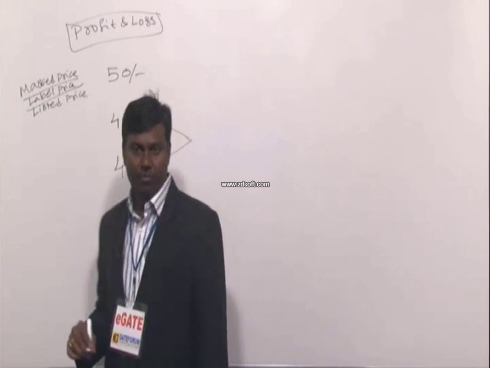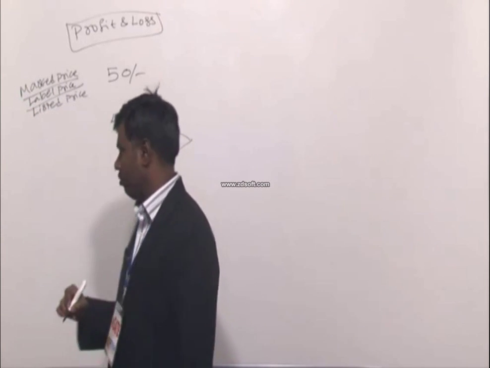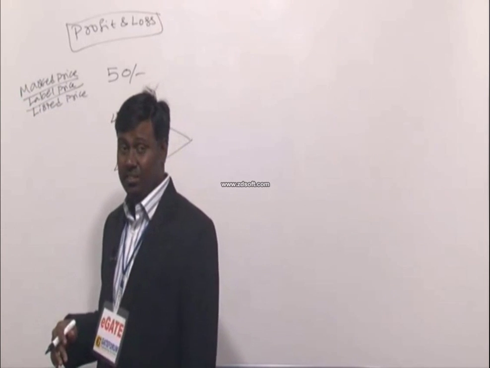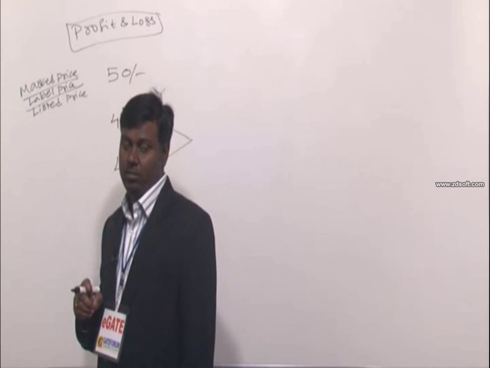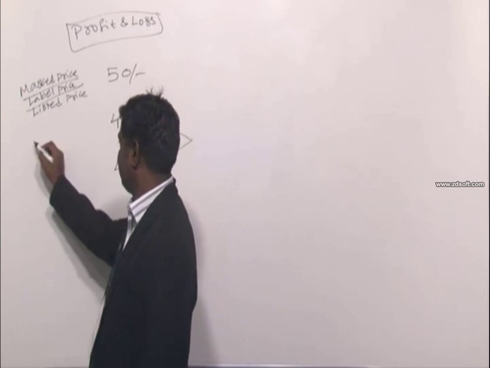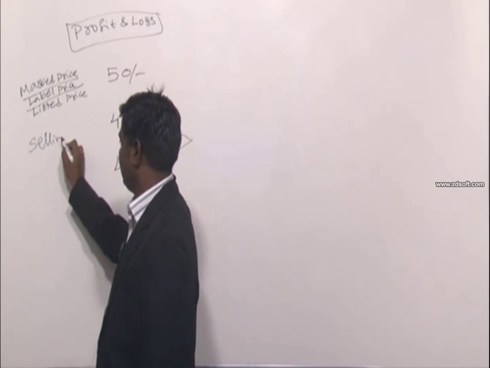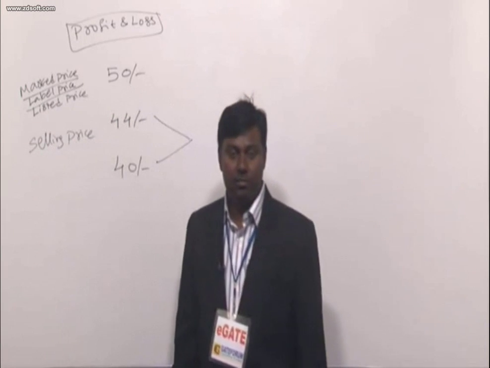Now coming to 44. What is this 44? This 44 is the amount that I paid to the vendor, or in other words, the selling price. Right?